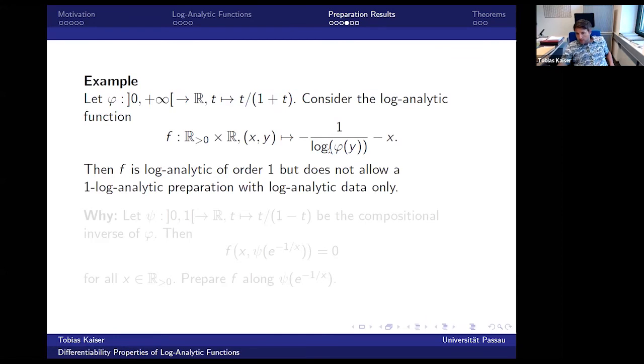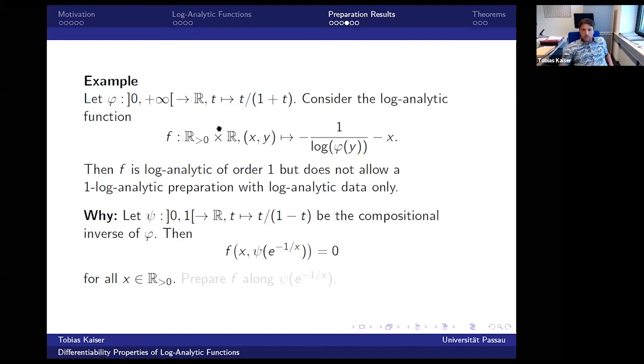We have 1 times the logarithm, but there is no log-analytic preparation of order 1 or stronger of any order with log-analytic data only. So if I fully prepare it on this space, then I get some pieces where in the data, in the preparation, I have exponential terms.